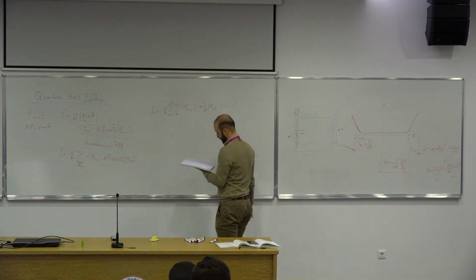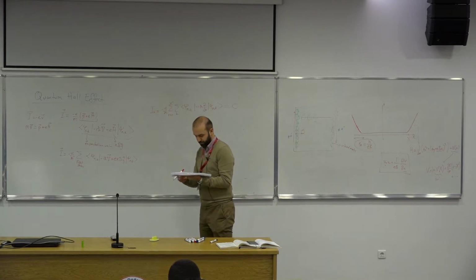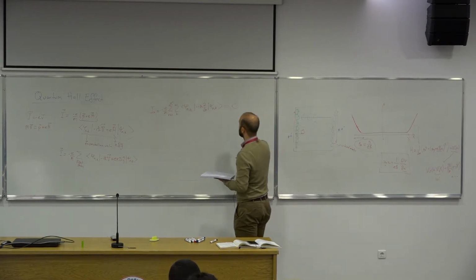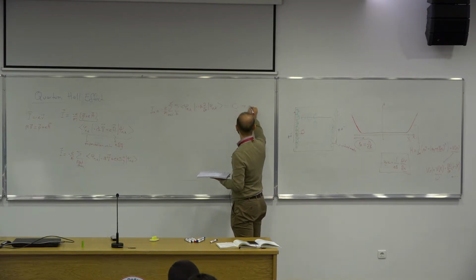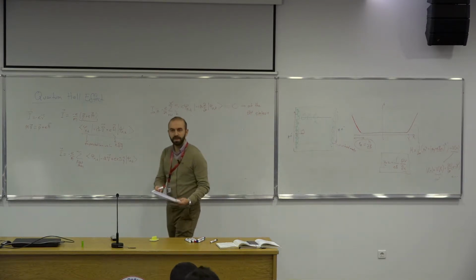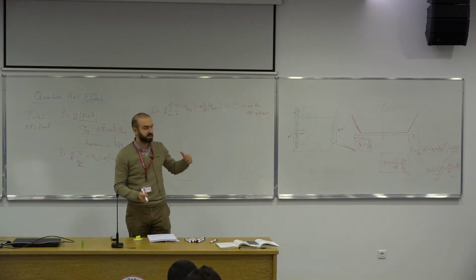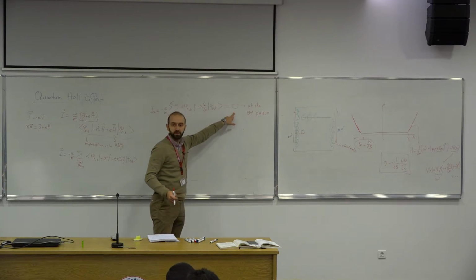And this will give me 0. And that's not difficult to see. So this is at the quantum Hall plateau, because I already know that along the x direction no current flows from the measurement. So I set this equal to 0.